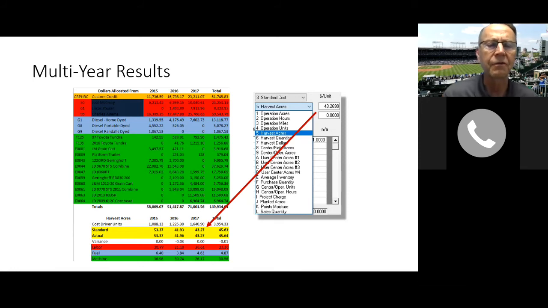So different trading, different machines and different levels of detail. But here's a look at some of the crop cost drivers that we can use to update our indirect costs.